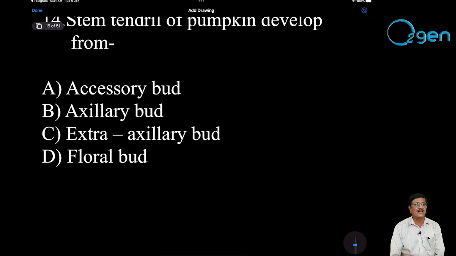B is axillary bud, right answer. C, extra axillary bud. Usually at the nodal region axillary buds are there, but no extra axillary buds. D, floral buds. Floral buds develop into inflorescence or flower, not the tendril. So, option B is correct.